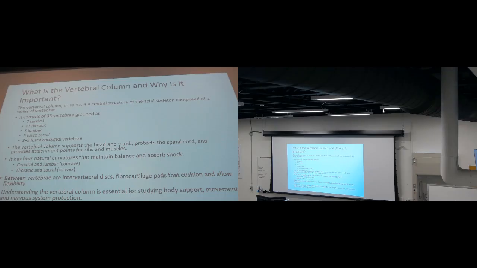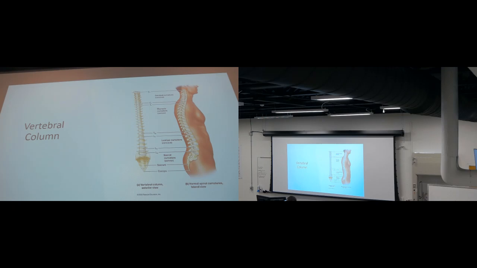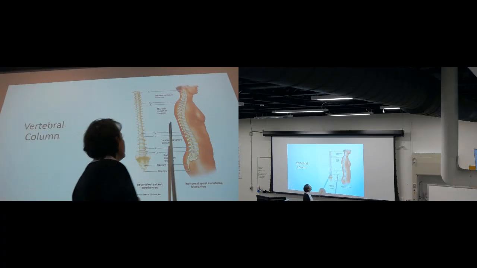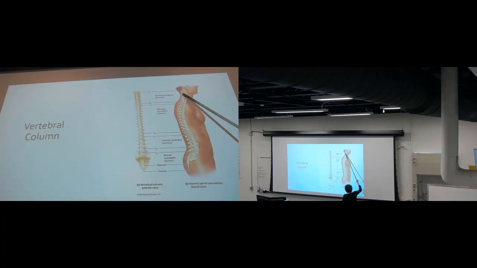So why do we want to know about the cervical vertebrae? Well, to understand body support, movement, and nervous system protection. So this is the lateral view of the vertebrae and the anterior view of the vertebrae. In the lateral view, you can see this curvature.